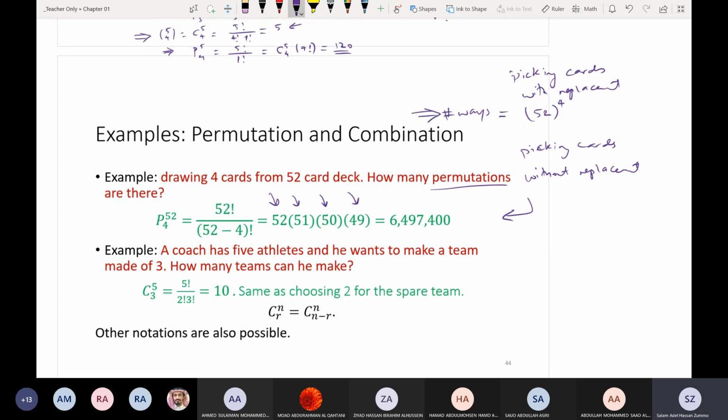But if I ask you what is the probability of picking 4 cards out of 52, we take a card each time, so it's 52, then 51. This is the number of ways. Now I'm asking you what is the probability of picking 4 specific cards out of 52. It's 1 over this. It's 1 over the number of ways.